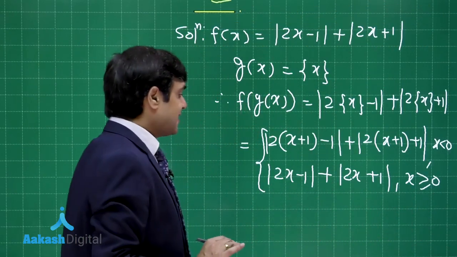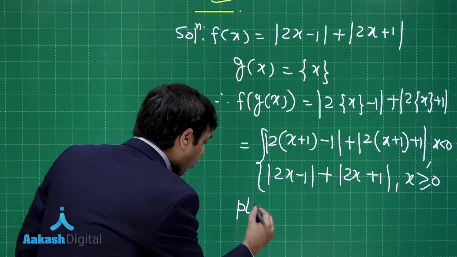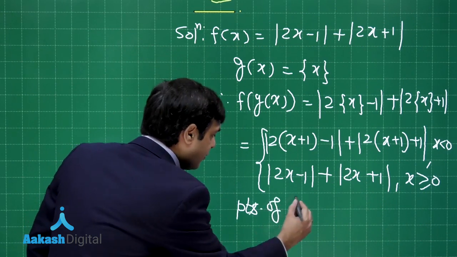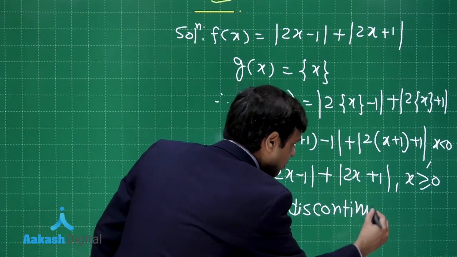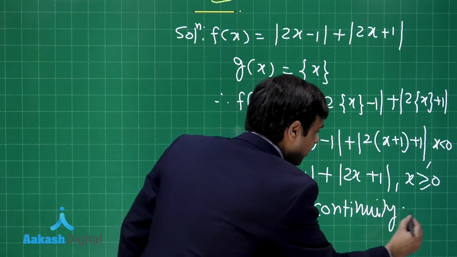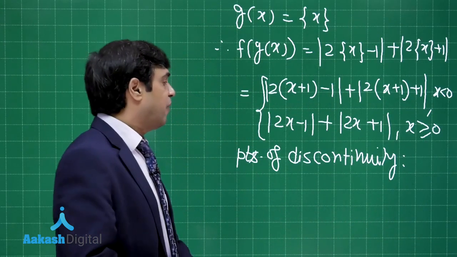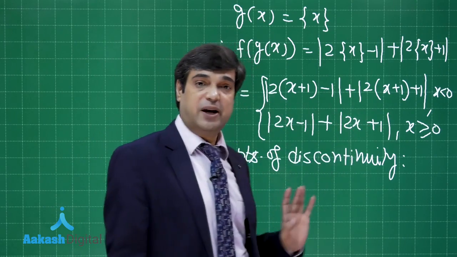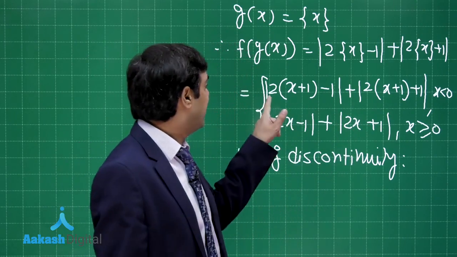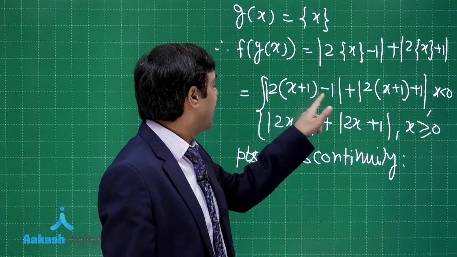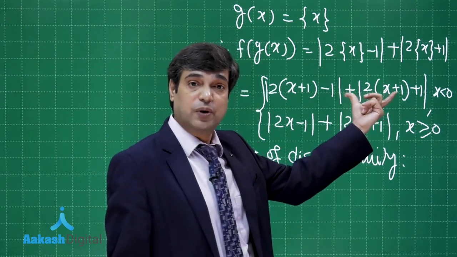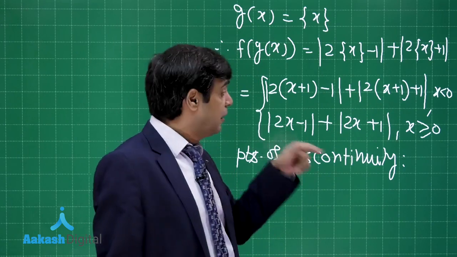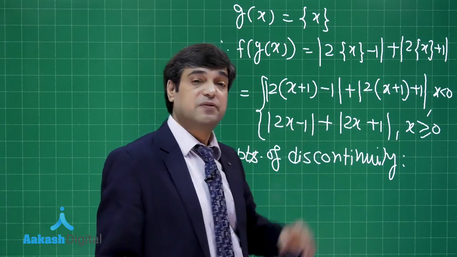Now, here I can see the points of discontinuity. Clearly, when you move around 0, the left hand limit, what you obtain from here, you are getting simply 2 minus 1, its modulus, that is 1, plus 3, that is 4. This is the left hand limit around 0. Right hand limit, this is 1 plus 1, that is 2.